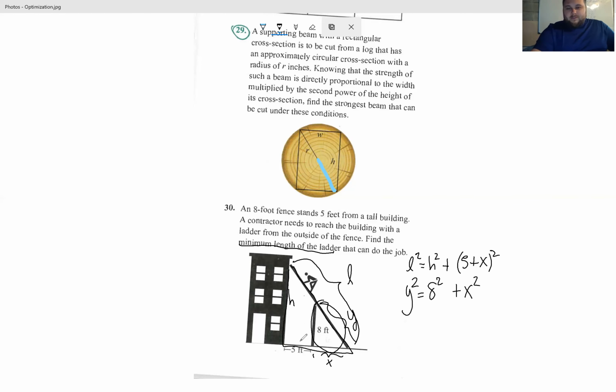So this length with relationship to that length is the same as h to 5 plus x, this length to that length. When I say that length to the other length, we can do a division. So 8 divided by x has to be the same as h divided by 5 plus x.